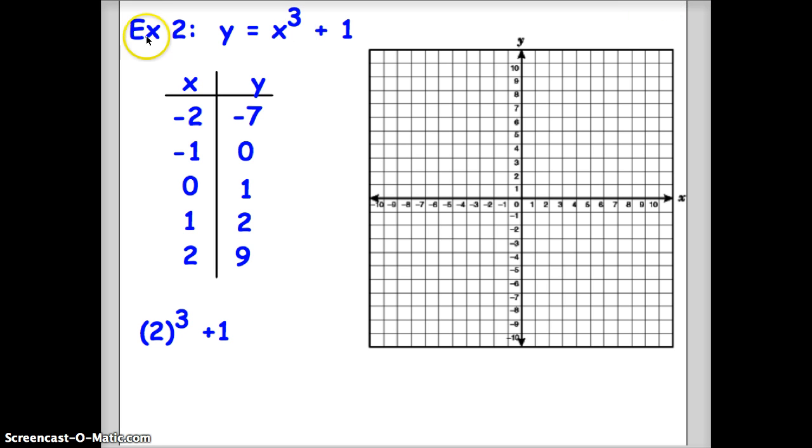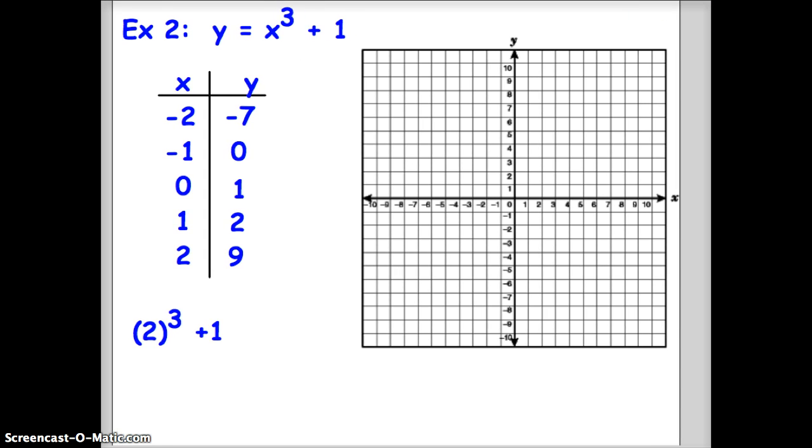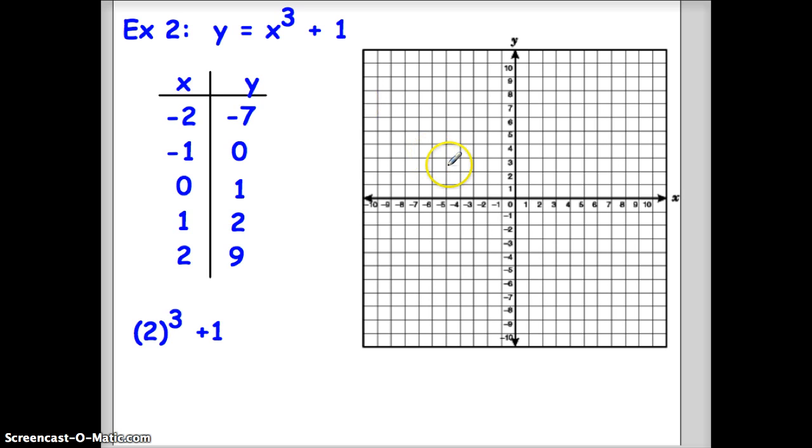So let's graph these ordered pairs. Negative 2, negative 7 is going to be down here. Negative 1, 0 is there. 0, positive 1 is there. 1, 2, over 1 up 2, is there.